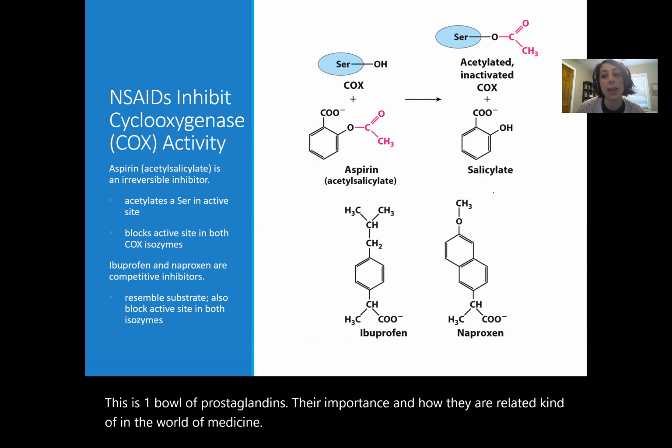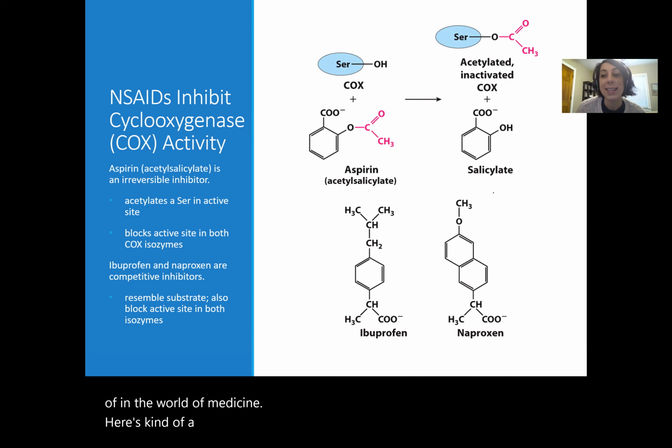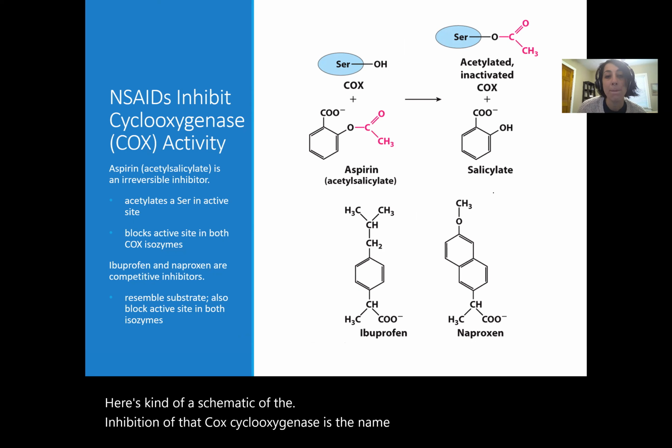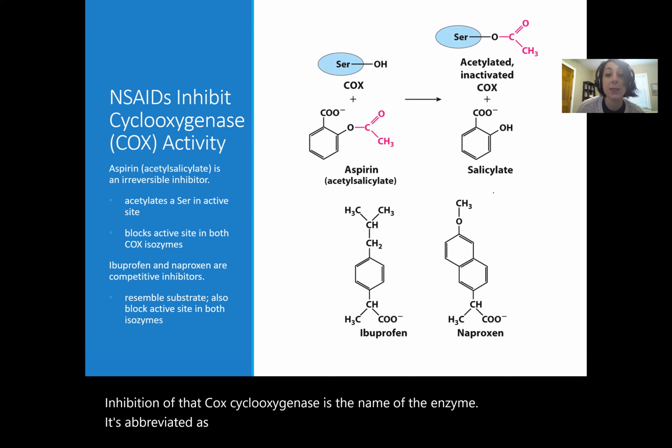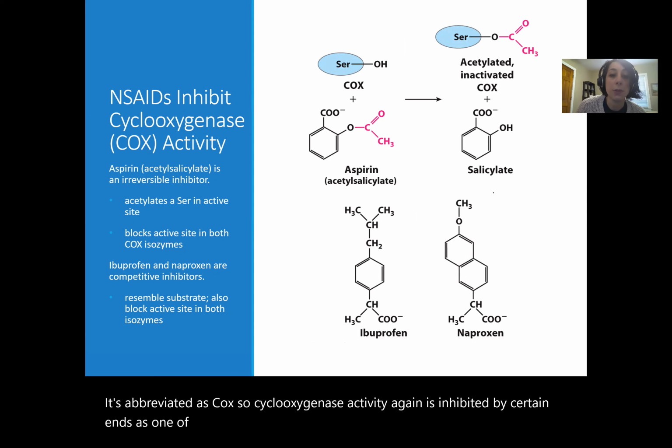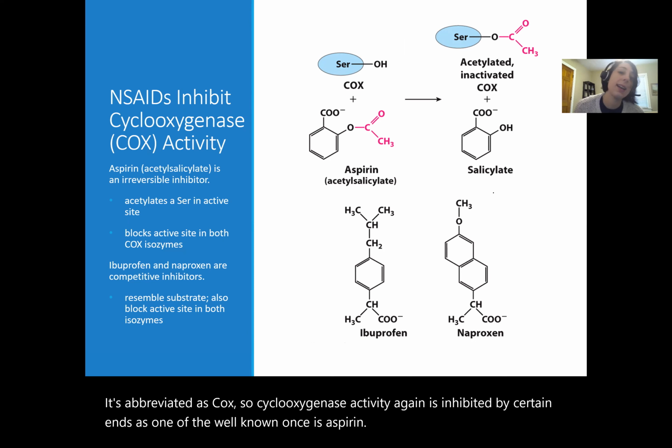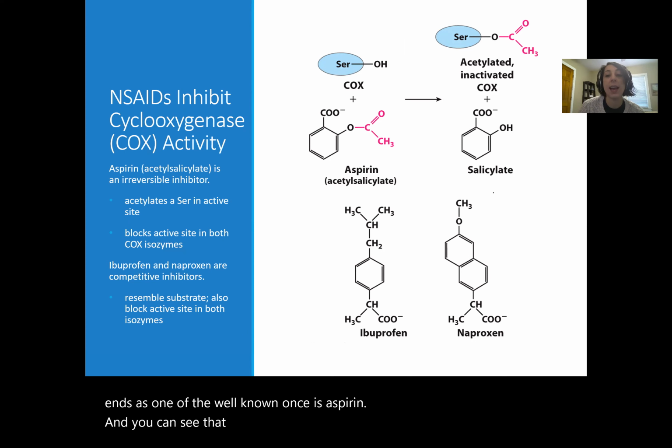Here's a schematic of the inhibition of that COX. Cyclooxygenase is the name of the enzyme, abbreviated as COX. So cyclooxygenase activity, again, is inhibited by certain NSAIDs. One of the well-known ones is aspirin, and you can see that it does this as an irreversible inhibitor.